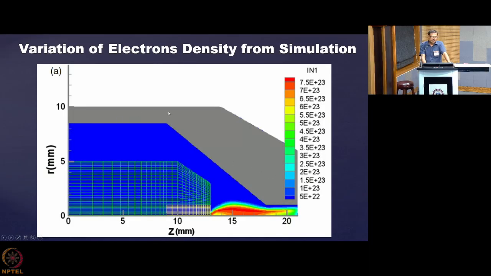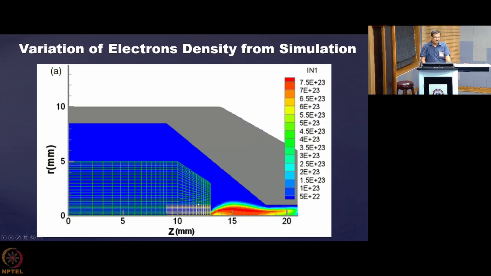Otherwise also you need to cool this, so there should be a cooling channel adjacent to it, which will leak if you just perforate it to see what is happening there. So unless you are able to access this zone, you will not be able to tell what is the temperature, what is the species distribution here, or what is the pressure or velocity. It is impossible to know. But simulation tells you the fact.